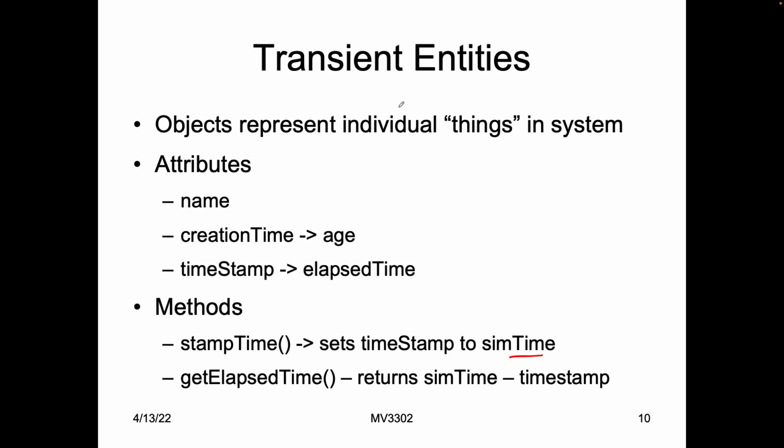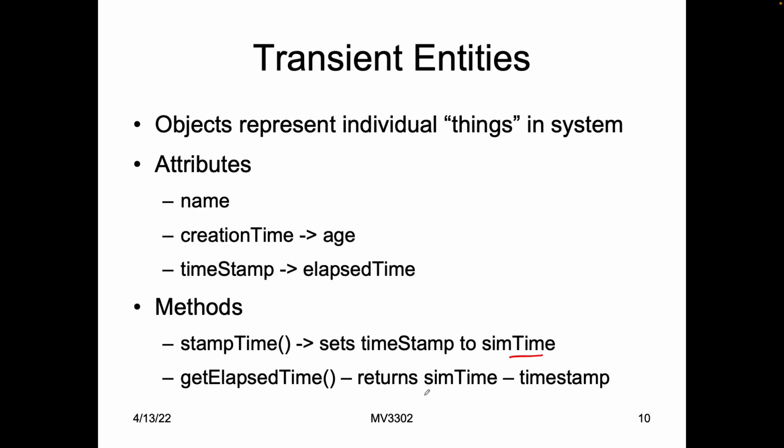And if you think back to when you were trying to determine, say, the delay in the queue, if you remember doing that by hand, what were some of the things that you needed to do? You'd go back and say, when did this customer arrive? So if we now have one of these entities around at the arrival event, and we call stamp time, then their timestamp is going to be the time at which they showed up at that arrival event.